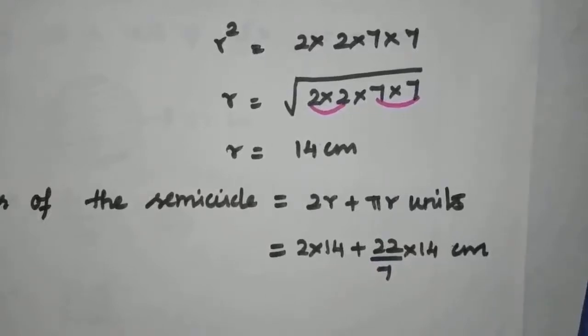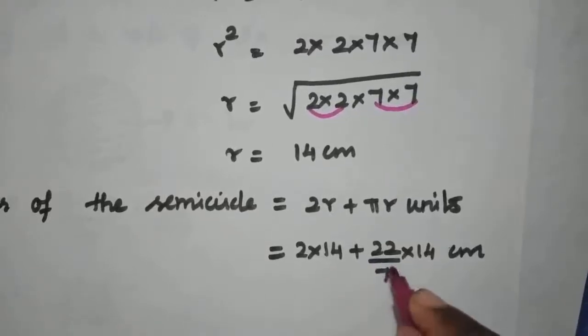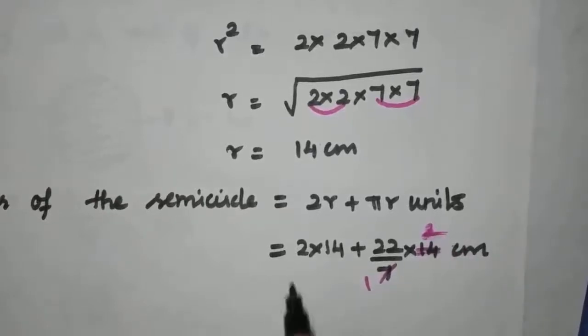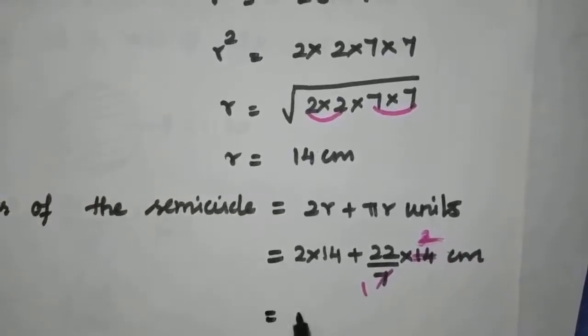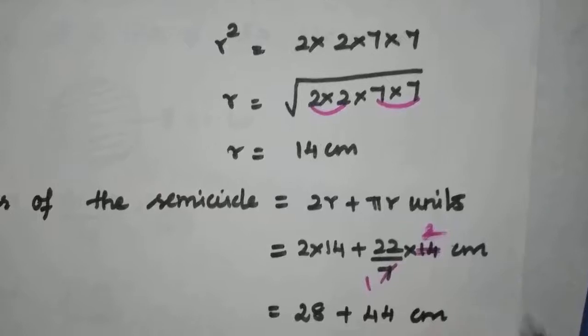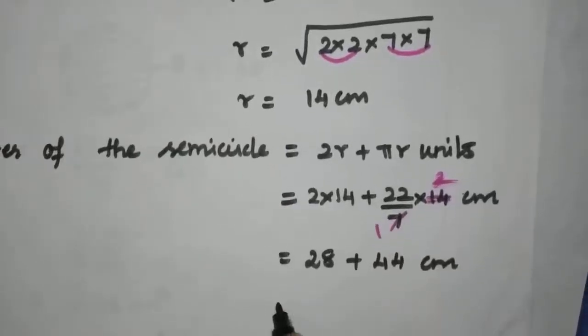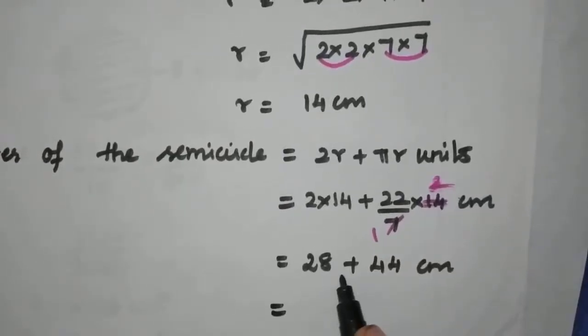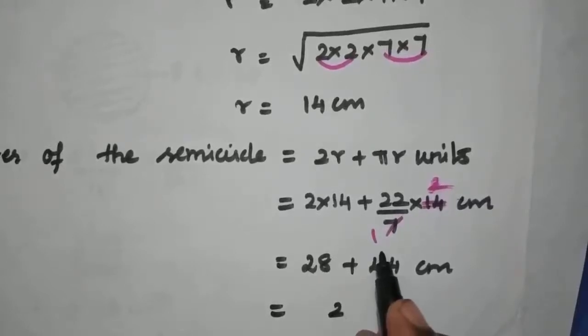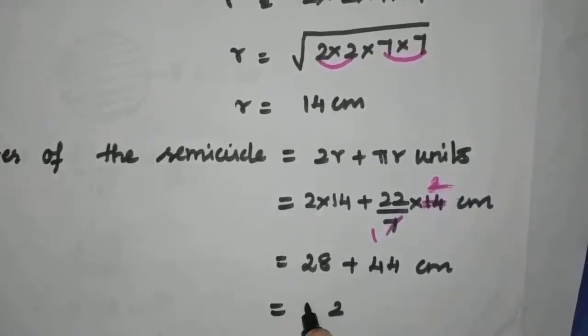I can simplify this one. 1 7 is 7, 2 7s are 14. 2 into 14 is 28 plus 22 into 2 is 44 centimeter. I have to add these two numbers. 8 plus 4 is 12, remaining 1, 4 plus 1 is 5, 5 plus 2 is 7, 72 centimeter.